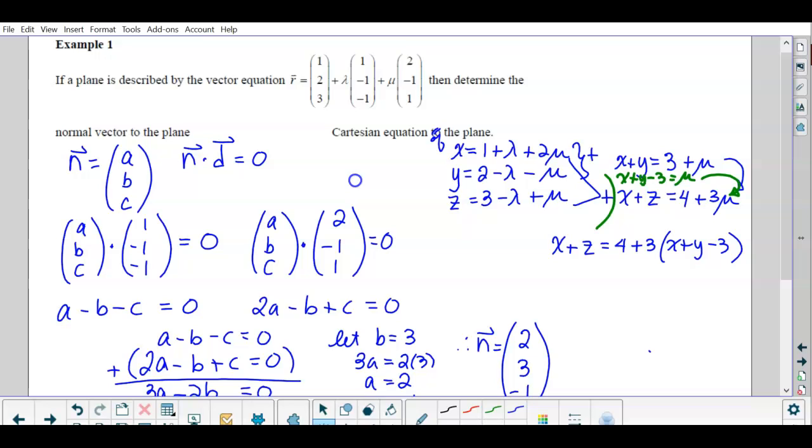So I've got 3 equations, and really 1, 2, 3, 4, 5 unknowns. Solve 2 together to get it down to 4 unknowns. Those 2 together get it down to x, y, and z, right?